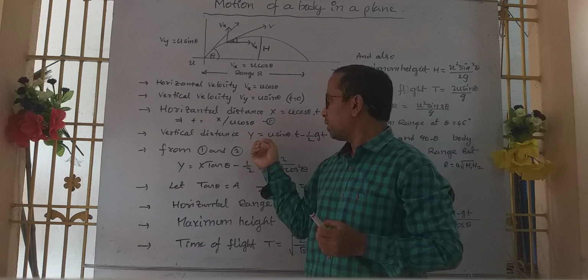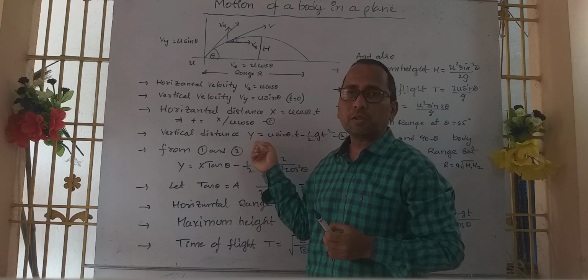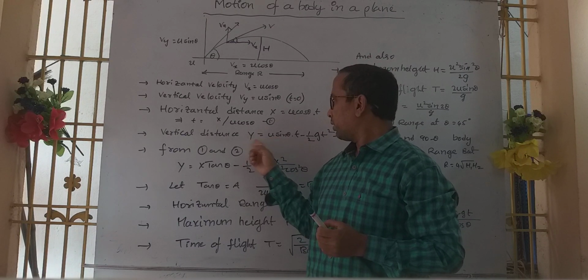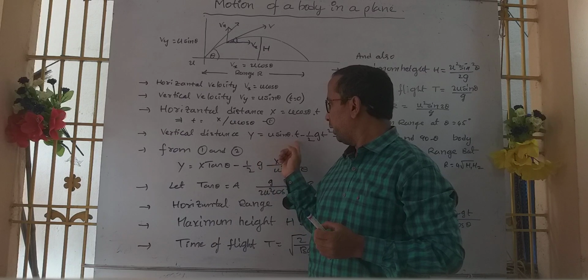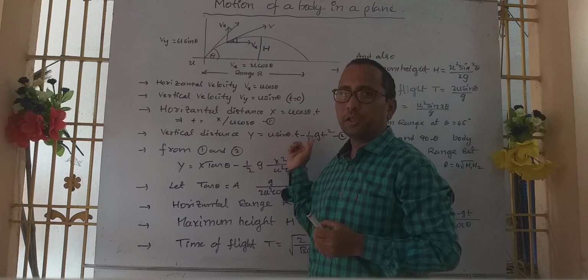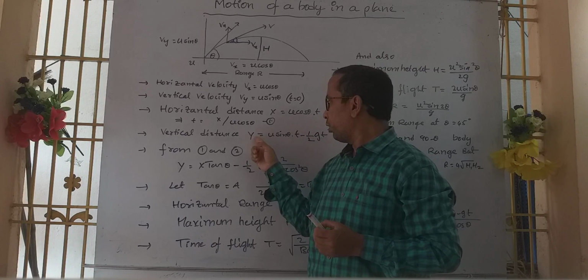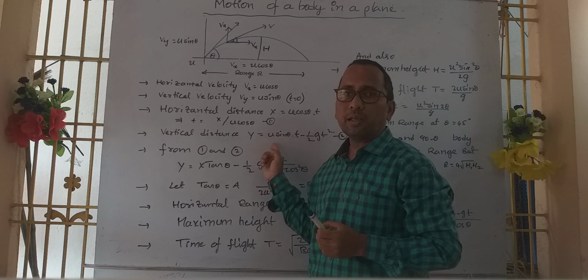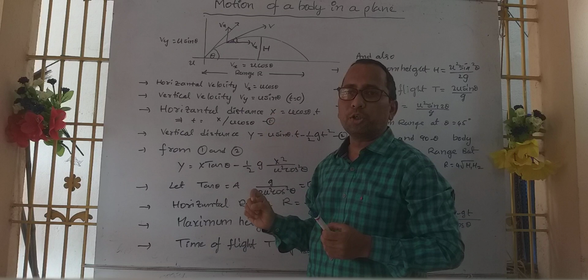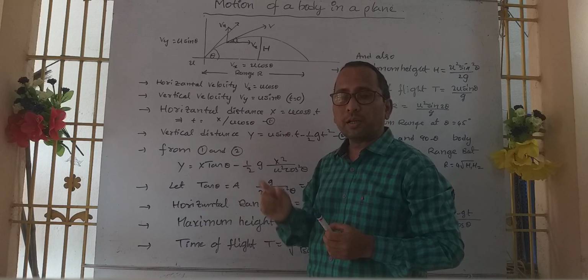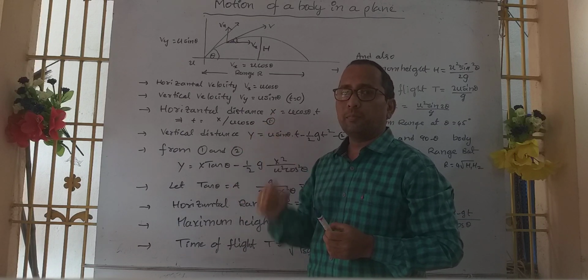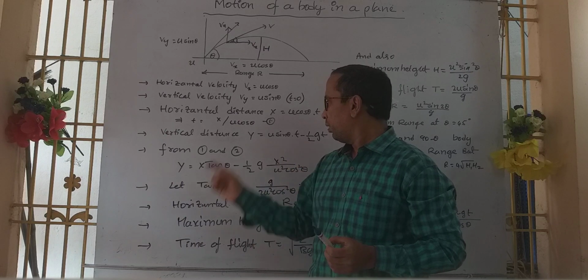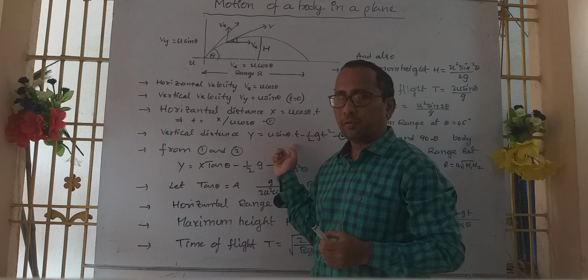It is from the formula S is equal to ut plus half at square, S is equal to ut minus half g t square. Instead of u, you write u sin theta, because u sin theta is responsible for vertical motion, and u cos theta is responsible for horizontal motion. This is taken as the second equation.